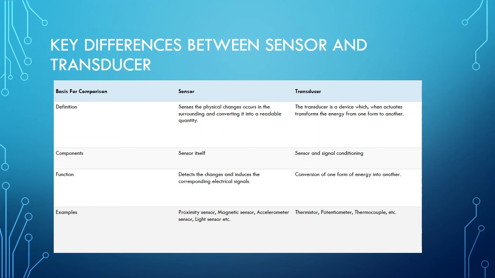The most significant difference between the sensors and the transducers is that the sensor senses the physical changes occurring in the surroundings, whereas the transducer converts the physical quantity or non-electrical signal into another signal or electrical signal.